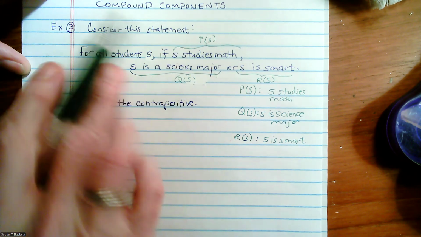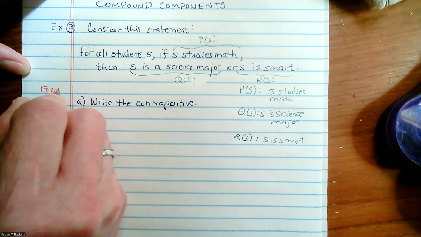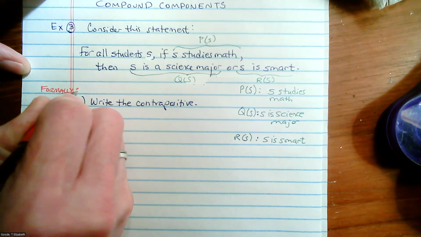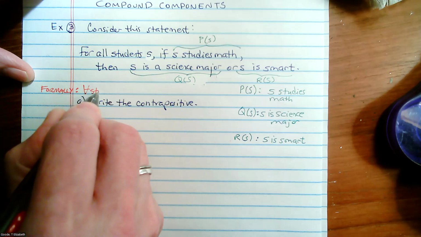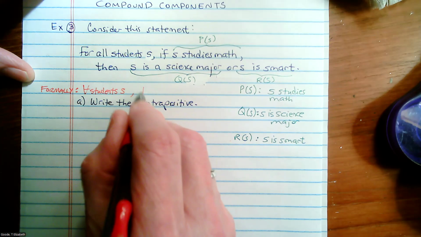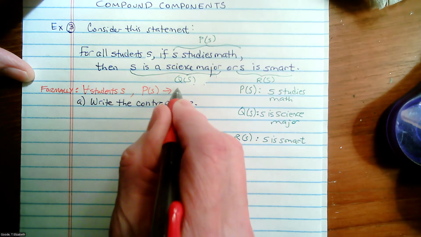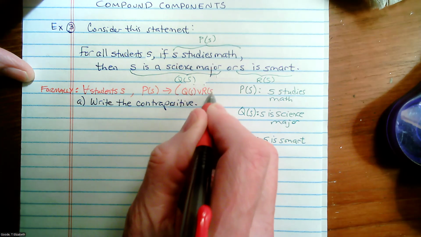So what's the form? We keep for all students S. This is that P of S implies Q of S or R of S, right?